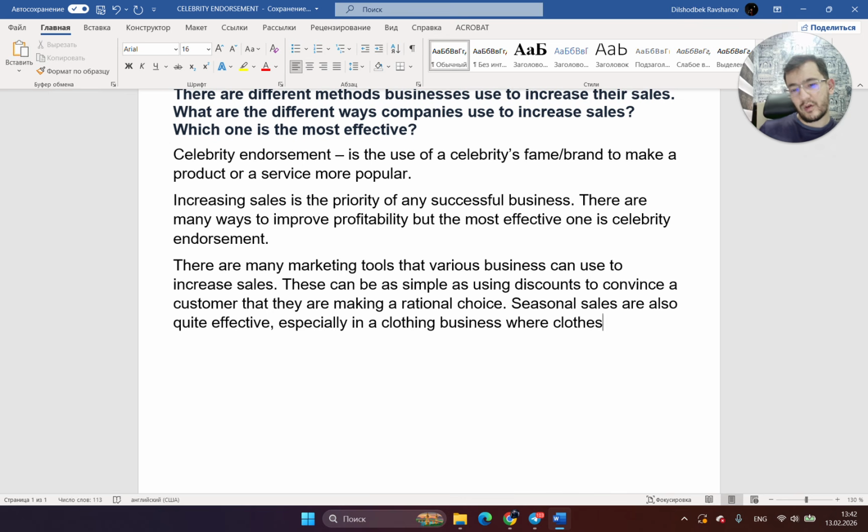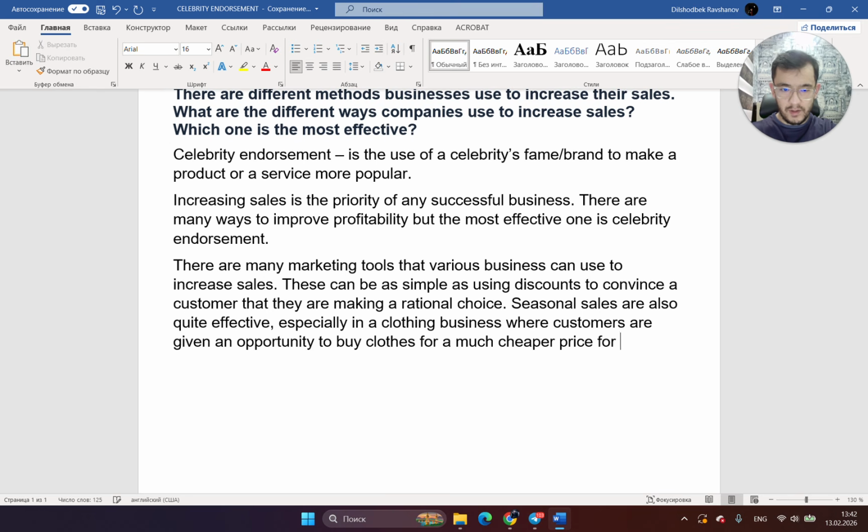So seasonal sales are also quite effective, especially in the clothing business where customers are given an opportunity to buy clothes for a much cheaper price, but in a limited time frame, like for a few days.